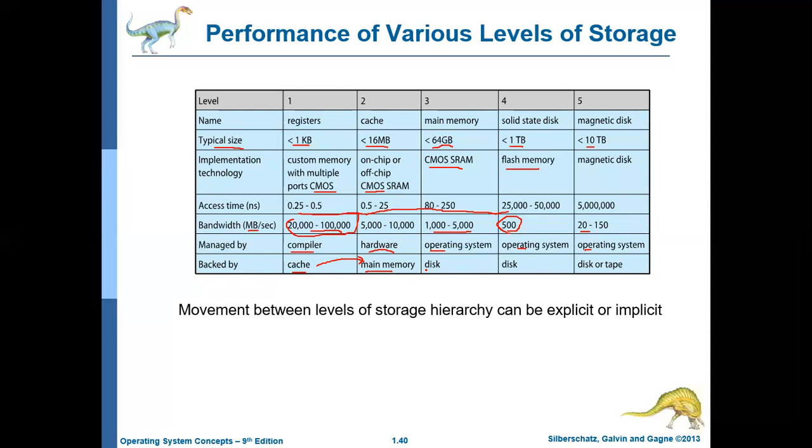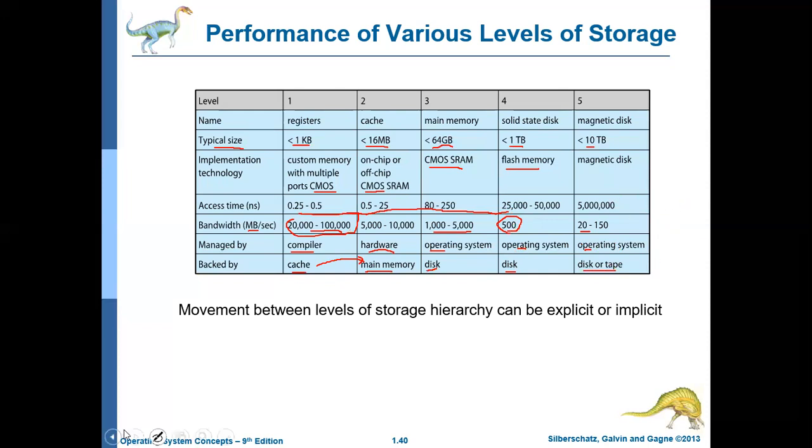Content of main memory will be cached in the disk, and that is any disk. If you have solid state disk, it will be backed up in the solid state disk, and the content of solid state disk will also be backed up in the magnetic disk or any other disk, and the content of magnetic disk will be backed up in the tape, or if you have any other magnetic disk for that purpose.